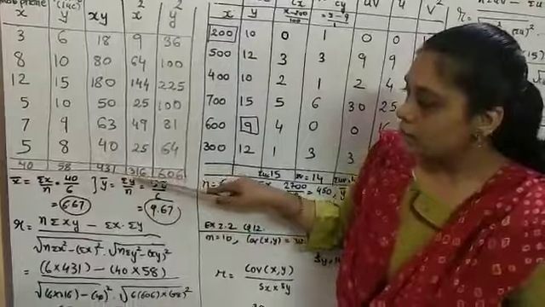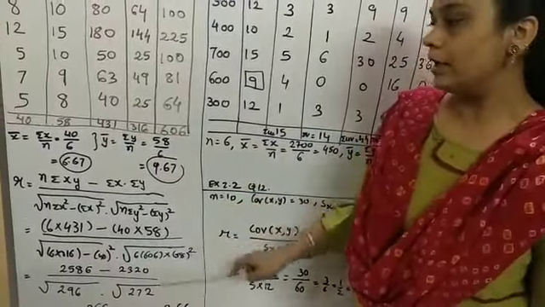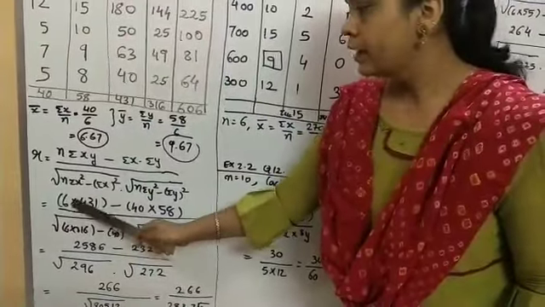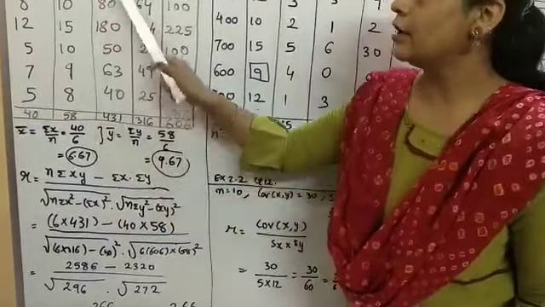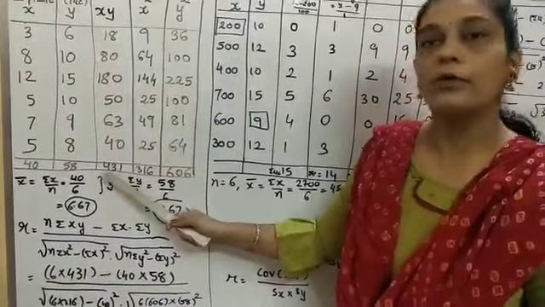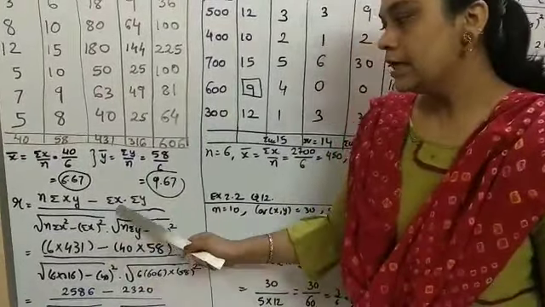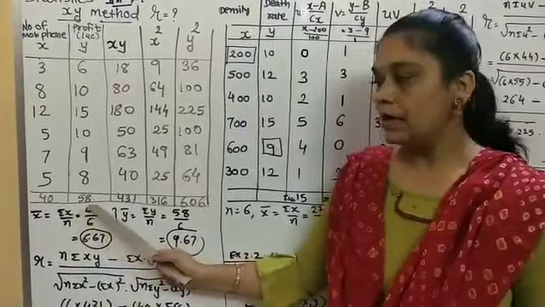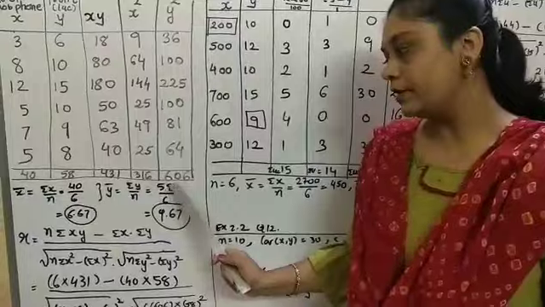Now I am going to substitute all these summation figures which I have found into this formula. Let's see. Second step. N means 6 into summation of xy, so what is the answer of this third column? You can see 431. So 431 minus sigma x, sigma x means 40 from the working above, students, and sigma y means 58.